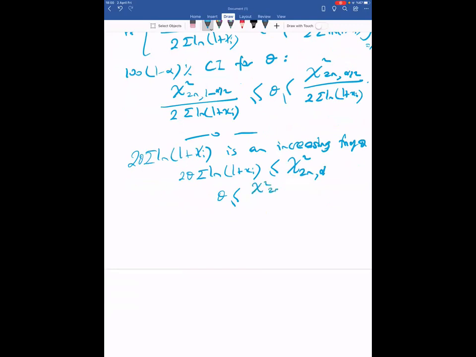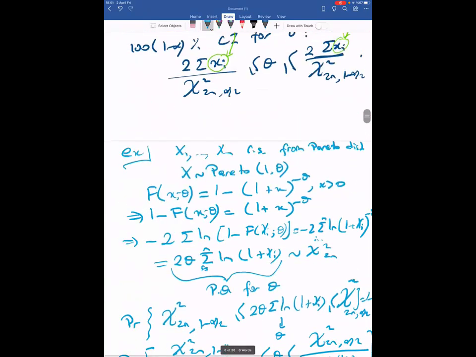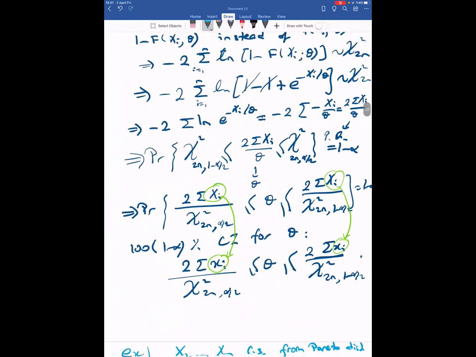But if our pivotal quantity is a decreasing function of theta, like in this case, where it is 2 times summation xi over theta, then when we want to find an upper bound for theta, we need to start from the lower bound of the pivotal quantity, and we end up with the upper bound for theta. It's not a difficult thing, but you have to be careful when you are working with one-sided intervals.